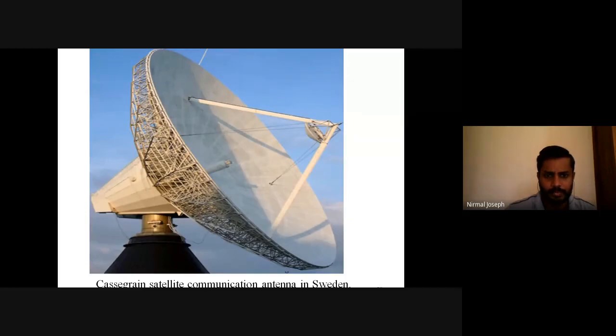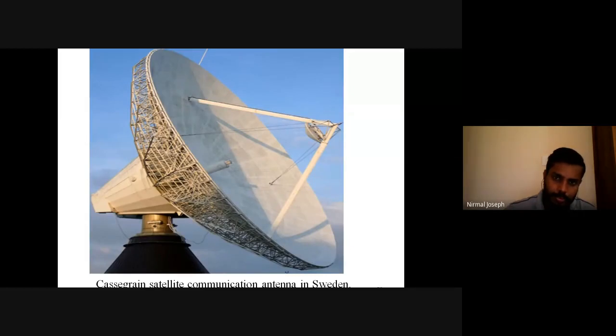Here this is the feed antenna or primary radiator. Then there is the hyperbolic reflector. This will radiate into the hyperbolic reflector, which will reflect waves into the main parabolic reflector, and then it will radiate into space.